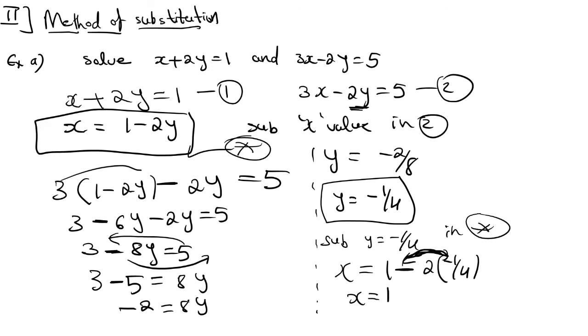Okay, minus into minus, that's equal to plus. Okay, 2 into 1 by 4 is 2 ones are 2 twos are, you will get 1 by 2. So simplify this one. X value equal to, take 2 as LCM, so cross multiply, 2 ones are 2 plus 1 by 2, its value equal to 3 by 2. So x value equal to 3 by 2 and y value equal to minus 1 by 4.